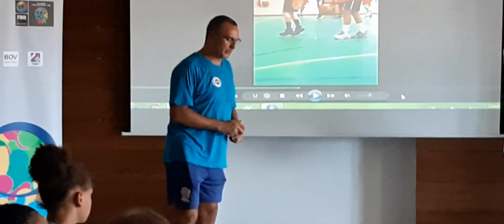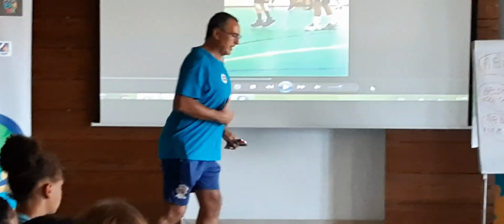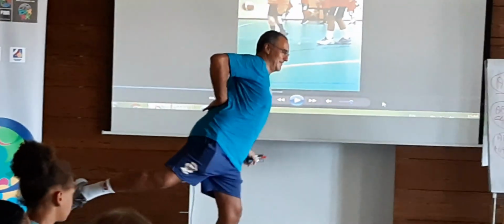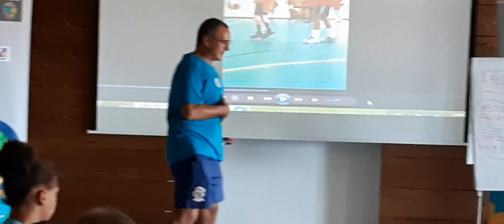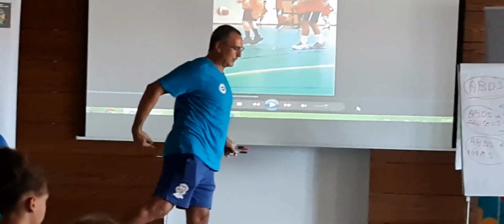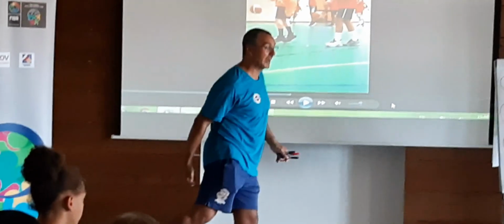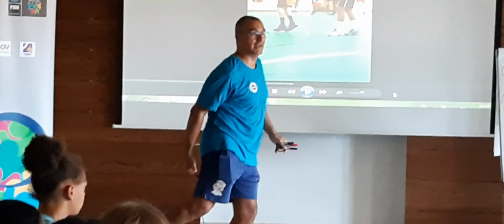And now what I want you to try is this: completely no abdominal, I lift, I feel lumbar. A little abdominals, I lift, I feel gluteus. Very abdominal, I lift, I feel hamstrings. This is the correct biomechanics.